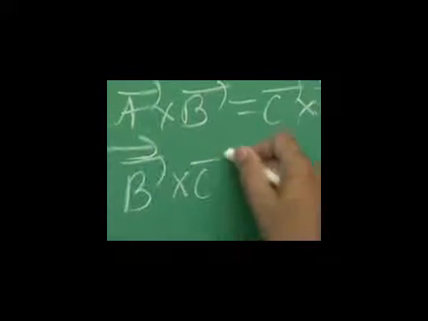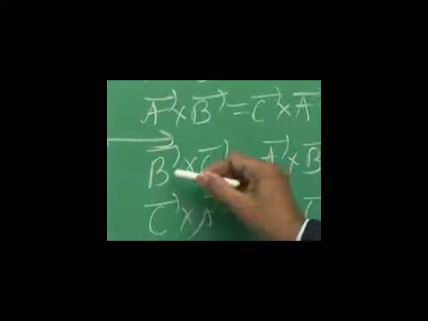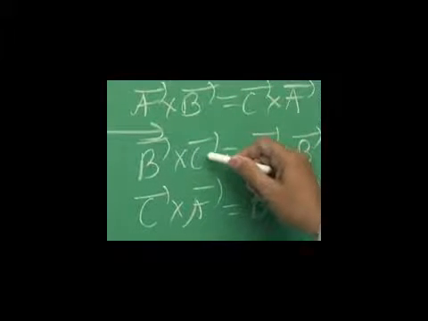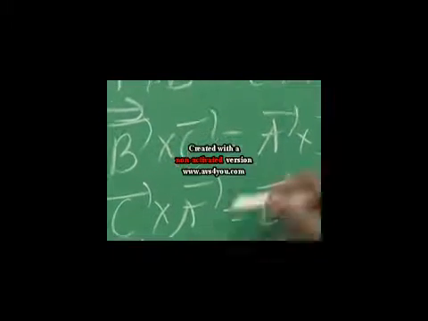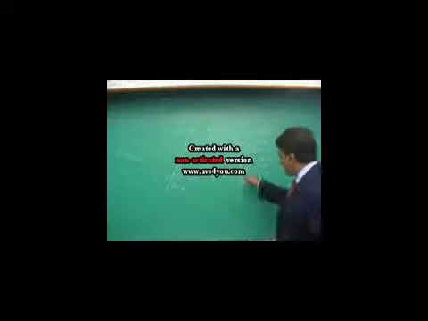Similarly, B cross C is equal to A cross B. Similarly, C cross A equals B cross C. Just see, there is a cycle. After A there is B, after B there is C, after C there is A. Same way, C, A, B, then A, B, C. This order should be maintained.